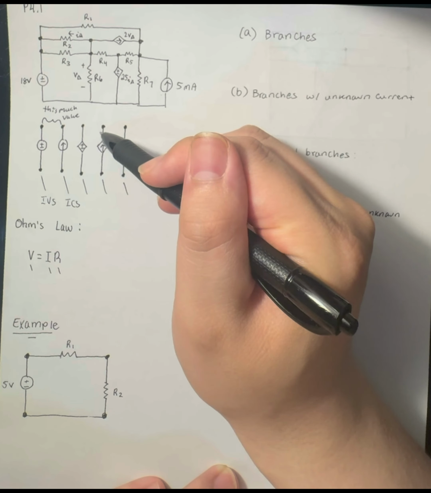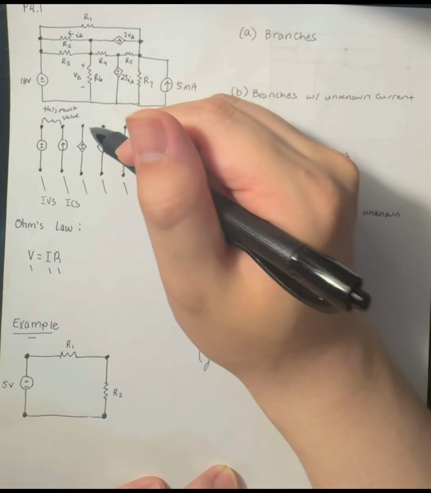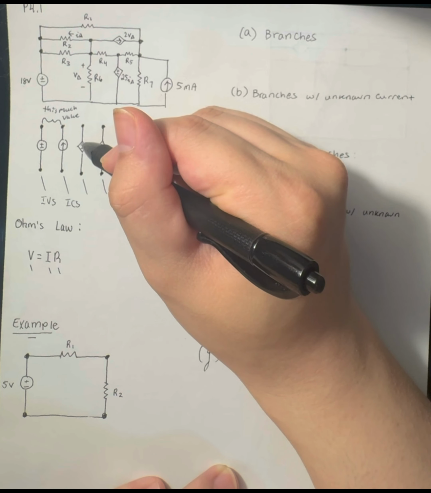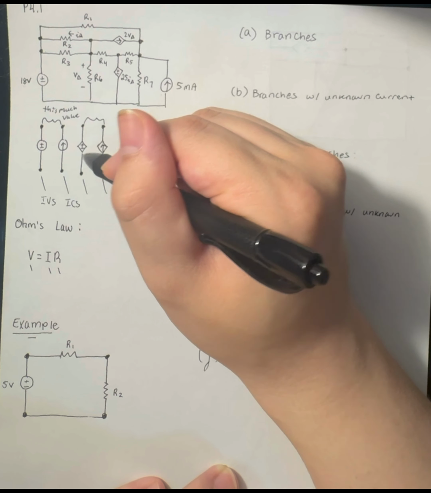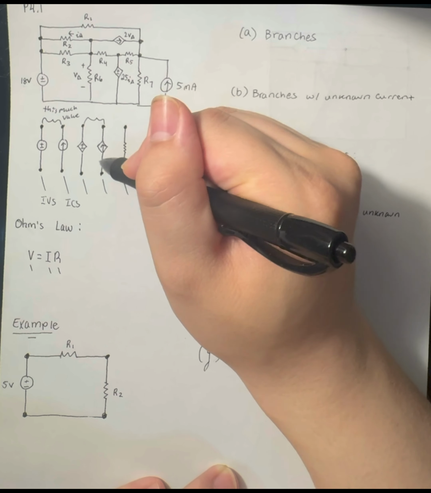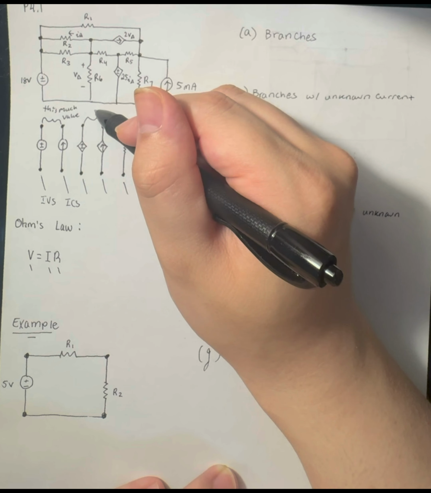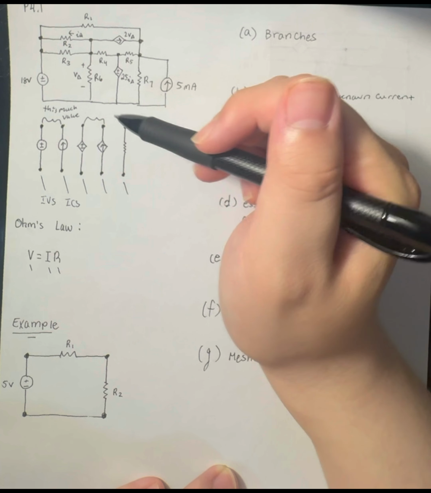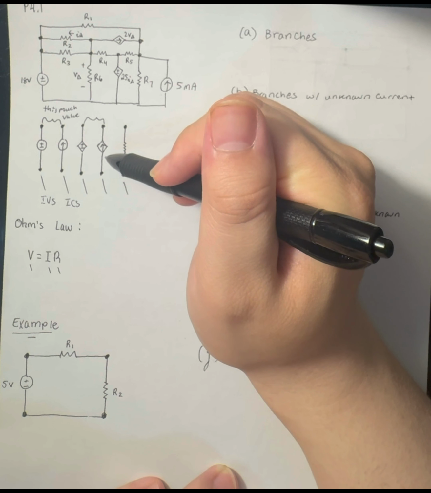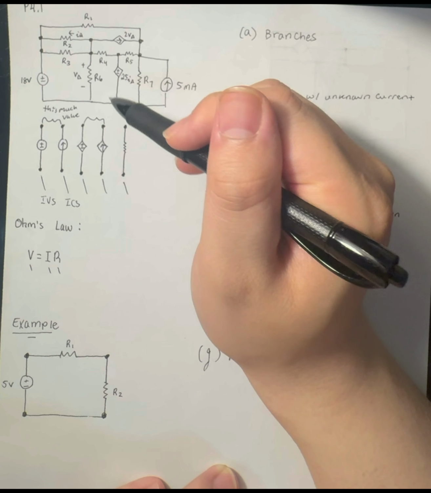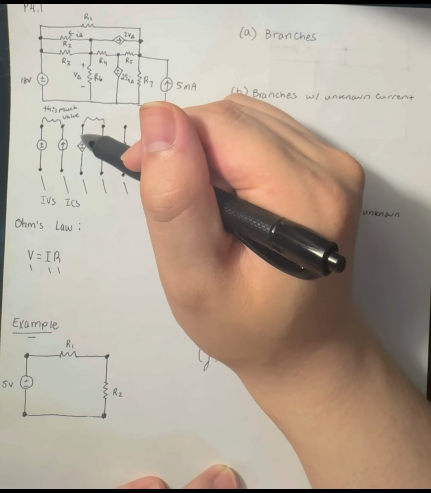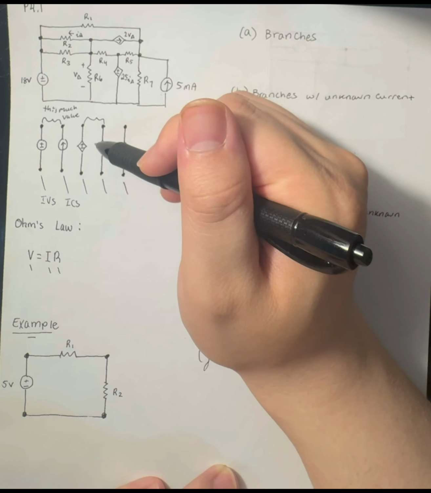And these two are dependent sources. This one is the dependent voltage source. This one is the dependent current source. Like their name suggests, the dependent sources depend on another part of the circuit to determine what voltage or current they are.